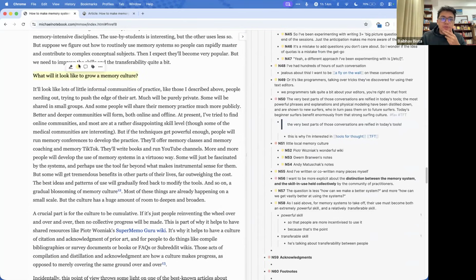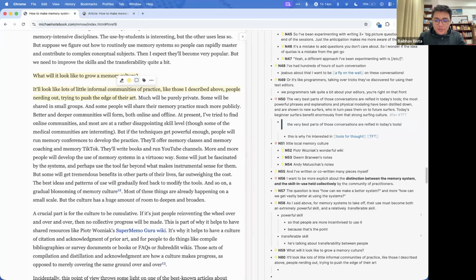What would it look like to grow memory culture? Lots of little informal communities of practice, people nerding out, trying to push the edge of their art. This is very similar to the PKM culture, let's say.